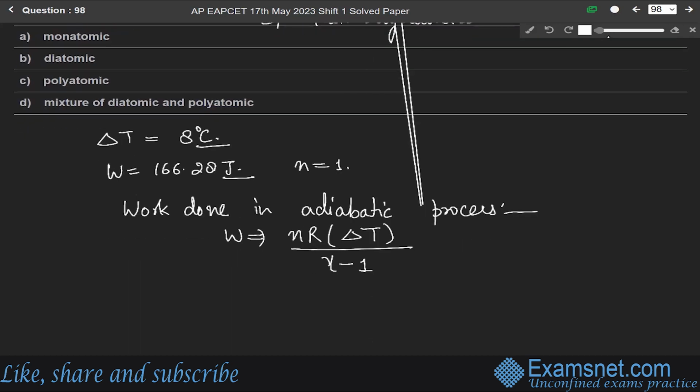This gamma here is the adiabatic constant.